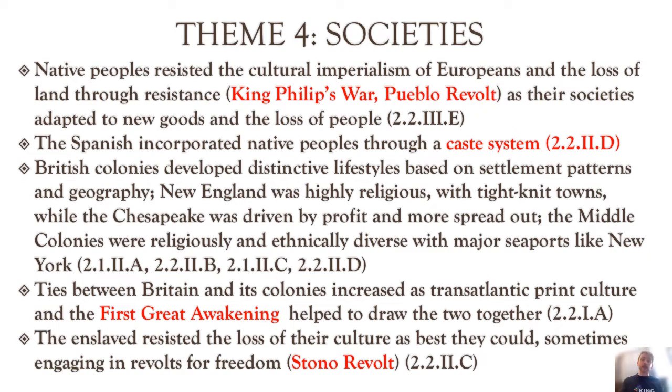So they come as families, and the New England landscape is not going to encourage plantations, so towns it is, seaports. The Chesapeake is settled by people looking for profit, and tobacco becomes the way that happens for them, so they're spread out on plantations. They're more rural. Urban areas are not as developed there.